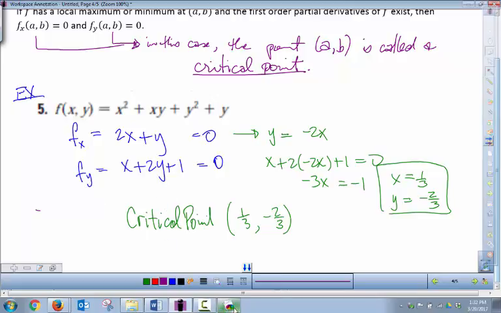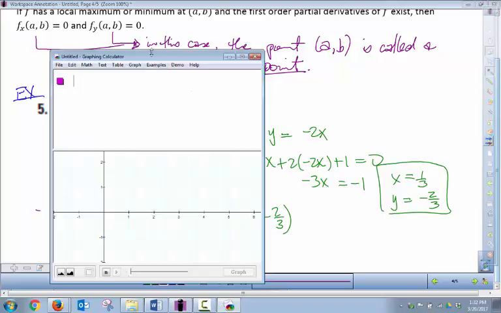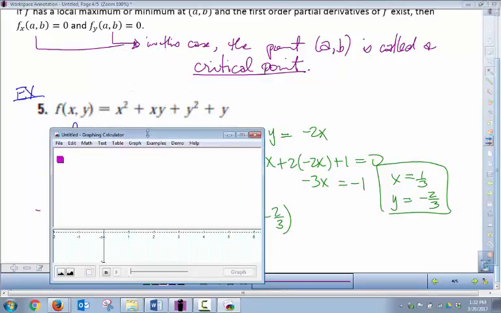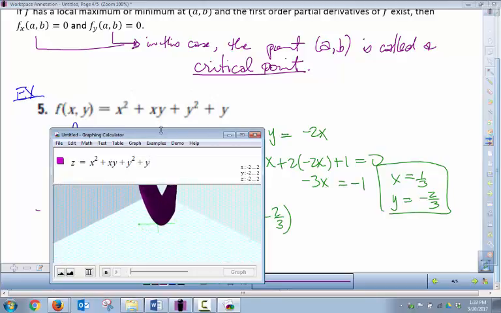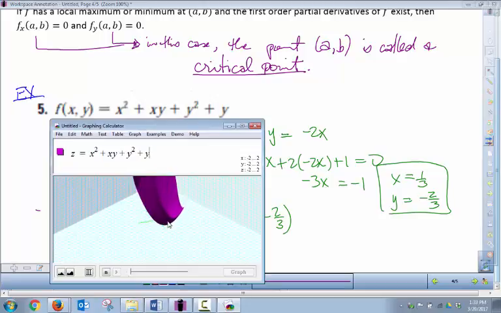All right, let's graph this real quick. We got z equals x squared plus x times y plus y squared plus y. So we could see that the only point that looks like it might come up would be the minimum down there.